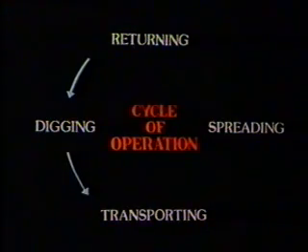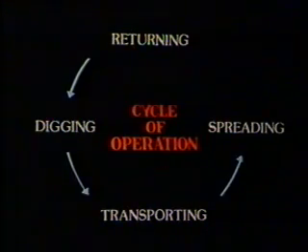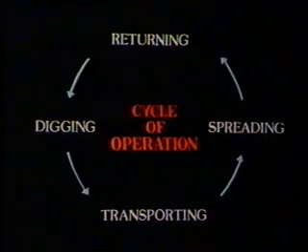Bulldozer works as a cyclic production machine, and each cycle of operation consists of digging, transporting, spreading and returning back to its original position. This cycle goes on till the job is completed.